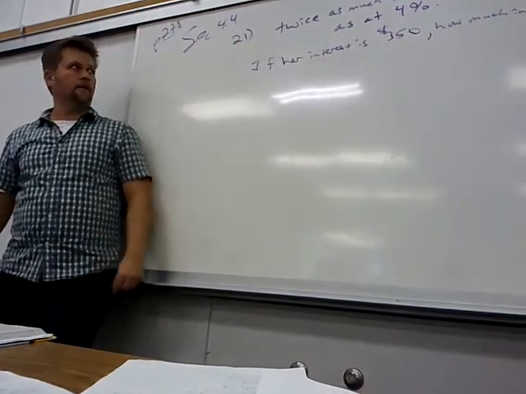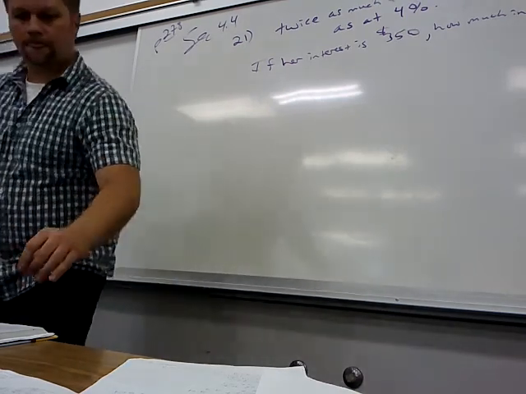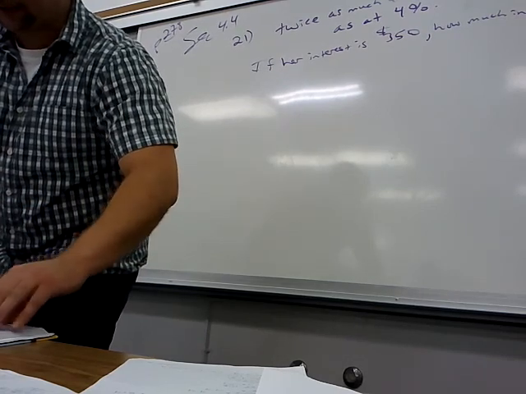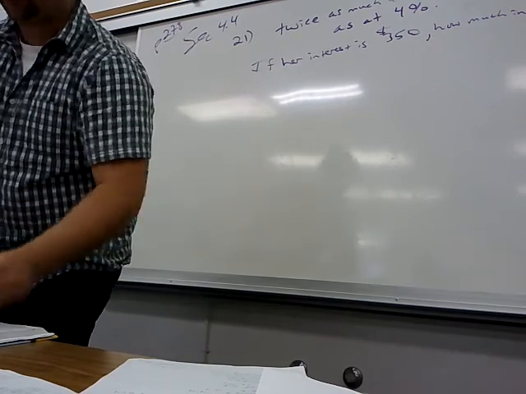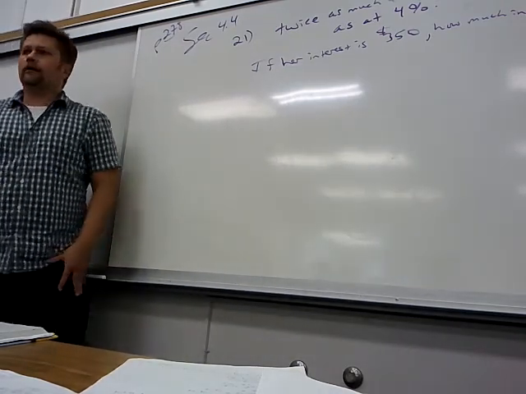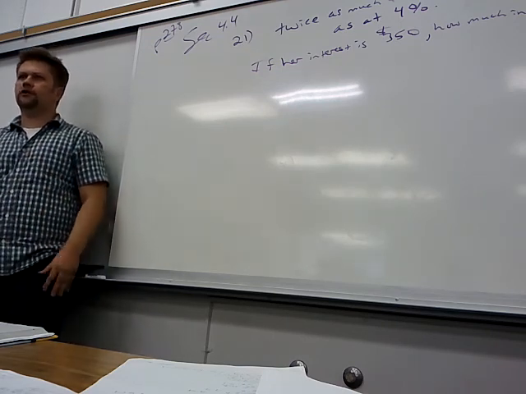So they do refer you back to example 2, but example 2 is not really directly about interest problems. Do you guys know how to calculate simple interest if you put $500 in a 5% account?